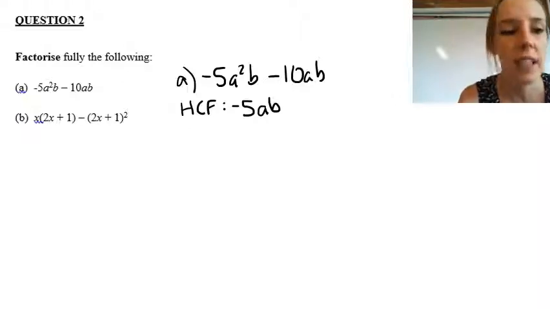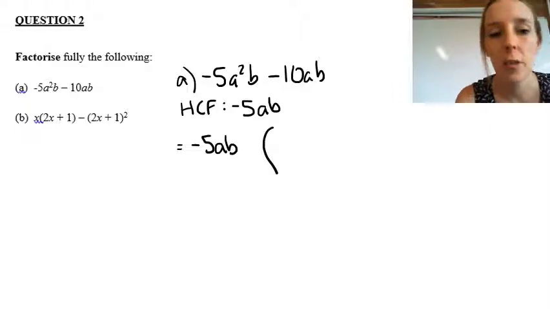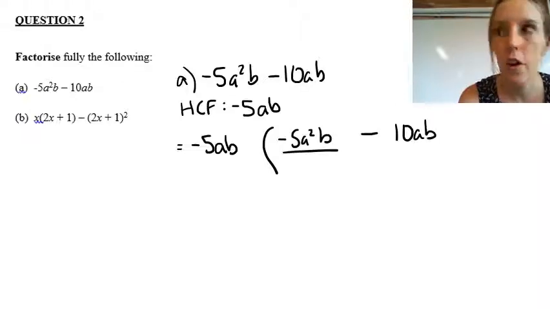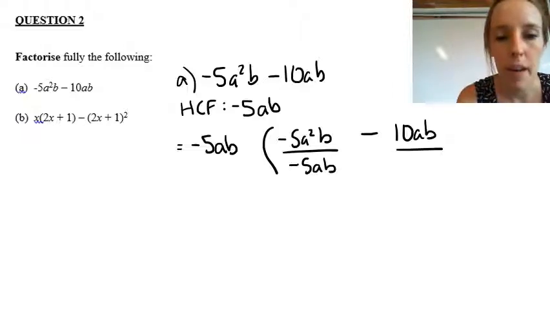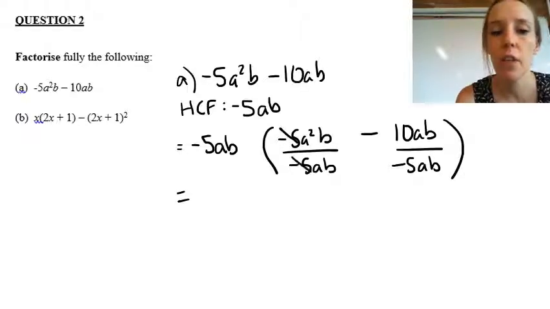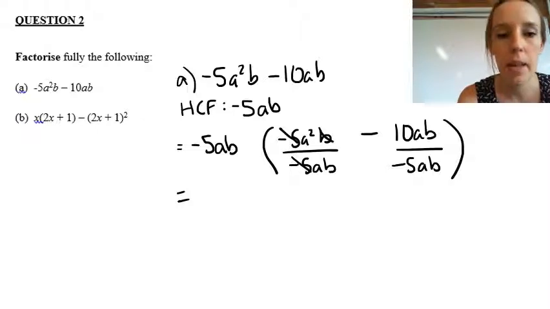Then when I'm factorizing, I'm going to write my highest common factor out the front of my brackets. Inside my brackets, I'm just going to rewrite the original expression. And then I'm going to divide each of the terms by the highest common factor. So I'm going to divide them both by -5ab. From there I can cancel. -5 divided by -5 is going to be 1. b divided by b is going to be 1. And a squared divided by a, it's just going to leave me with 1a.